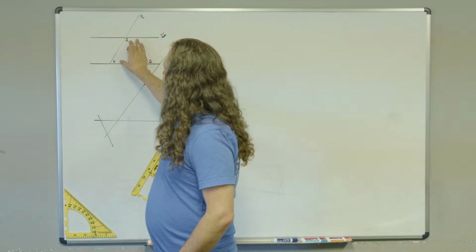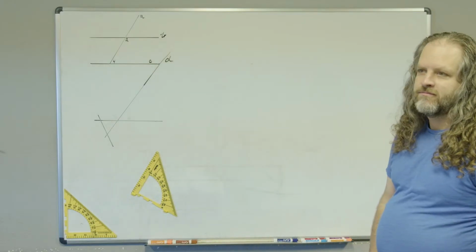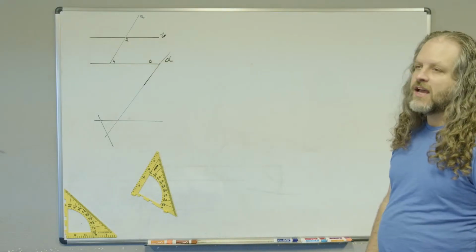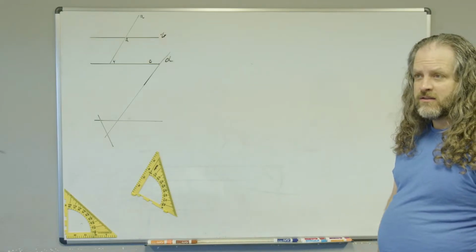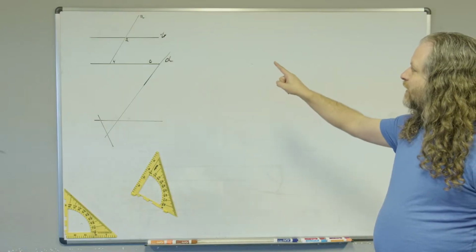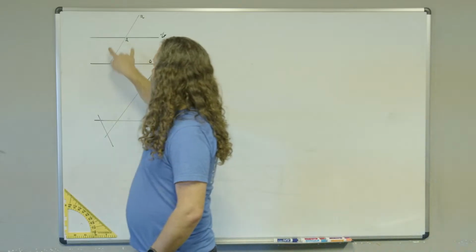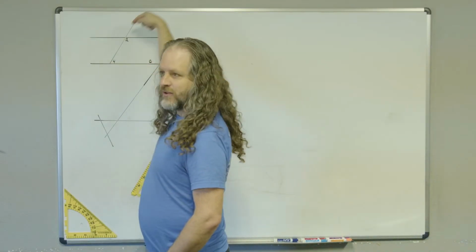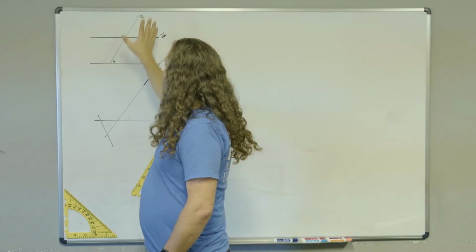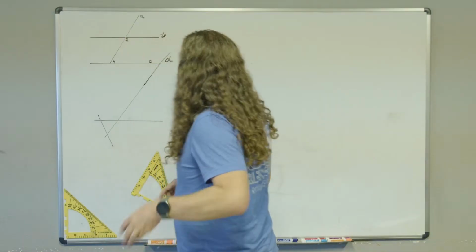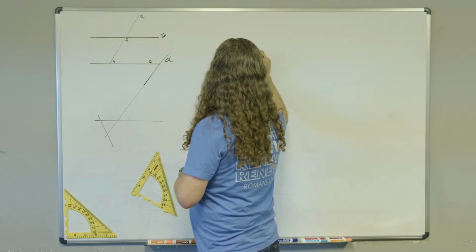So with 2 and 4, which line is the transversal? Which one is crossing more than one line? Which line? So the letter. B is only one of the two lines, right? A is the one that's crossing through the two lines that go with 2 and 4, right? So B is, excuse me, not B. A is the transversal, right? So that'd be the answer to the first part.